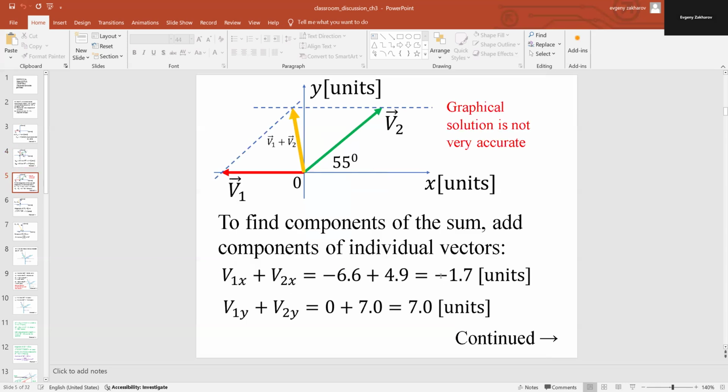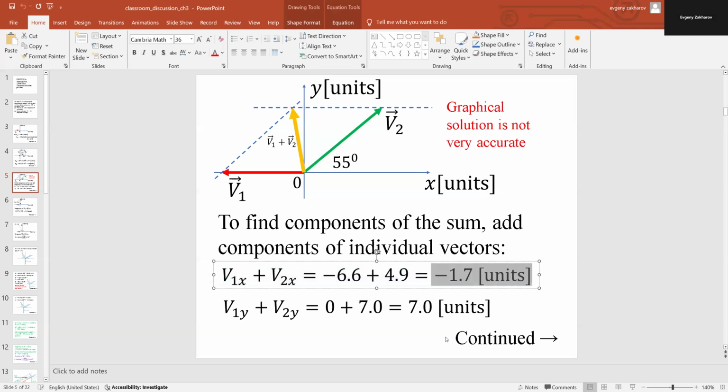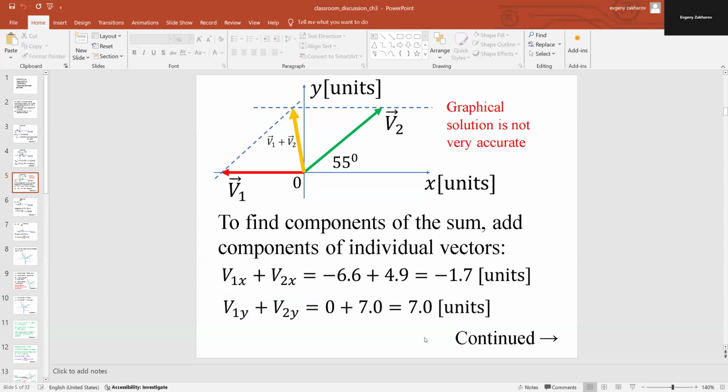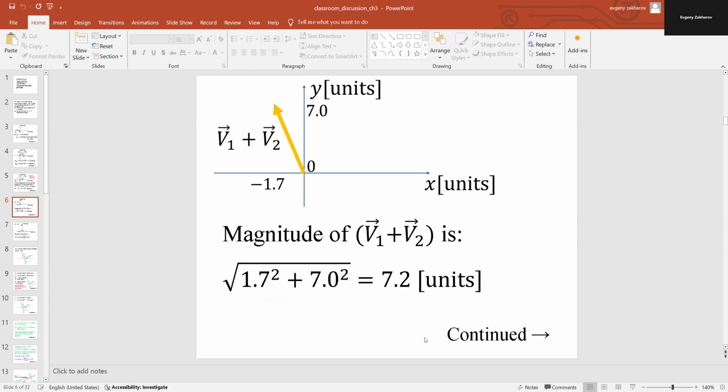So here's your net x component. Here's your net y component. Net means the sum total of everything that you have. And your yellow vector represents a hypotenuse in the right triangle. You have negative 1.7 and positive 7.